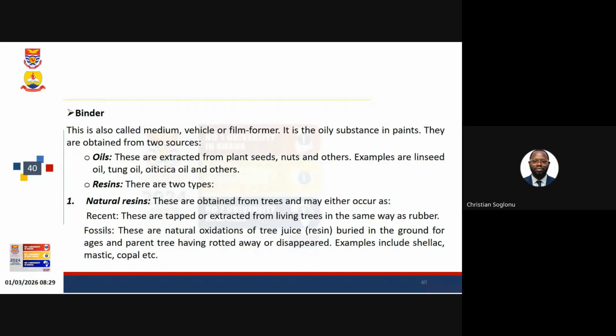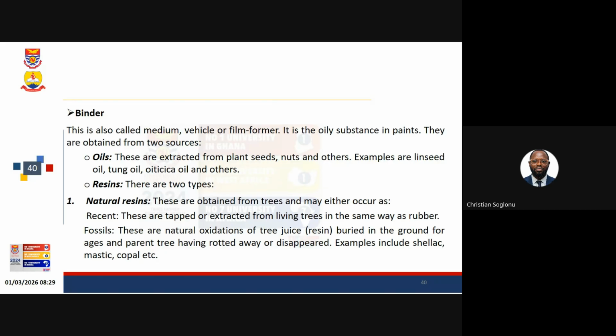So with the natural resin, they are obtained from trees, as we said before, and may either occur as resins, which they tap or extract from living trees in the same way as rubber. When you go to the rubber factories, you see how they extract rubber from trees. I think the process is there when you go to the western region.